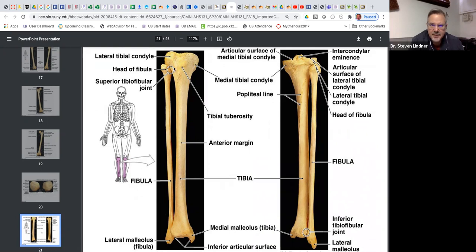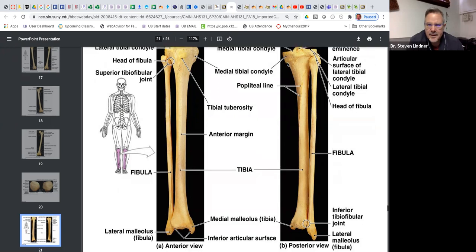This is the head of the fibula, but they connect and they make a perfectly horizontal line. So the tibial tubercle or tibial tuberosity and head of the fibula make the same horizontal plane. The tibial condyle, this is the lateral tibial condyle, the medial tibial condyle. And again, you could see it from the posterior here, medial tibial and lateral.